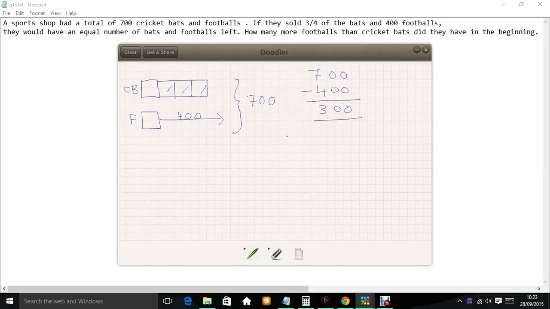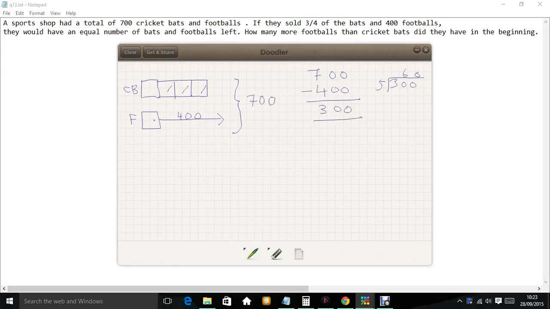So how many portions are there altogether? Well, that's 1, 2, 3, 4, 5 portions. So if we divide 300 by 5, that gives us 60.